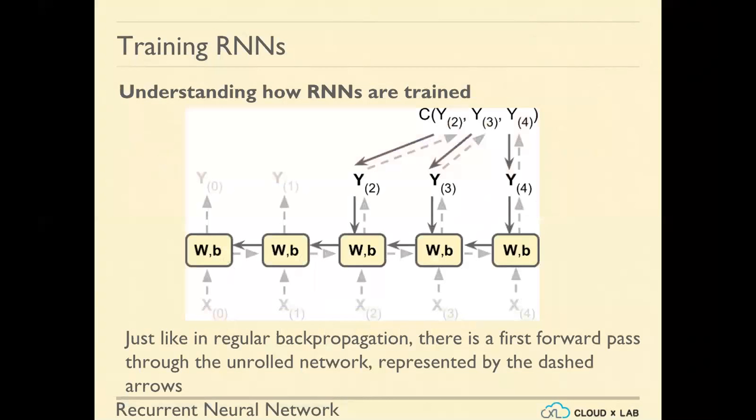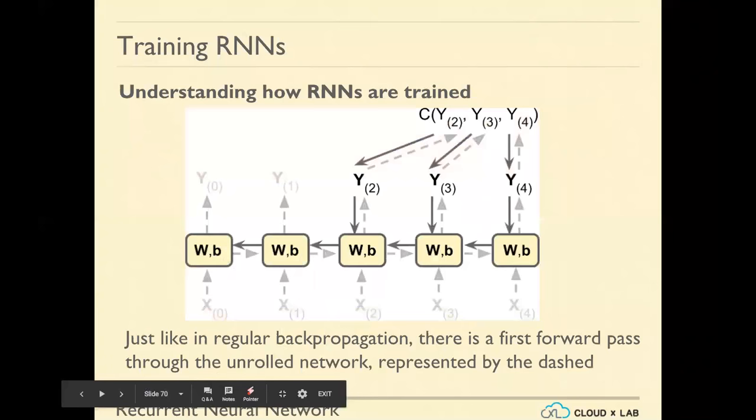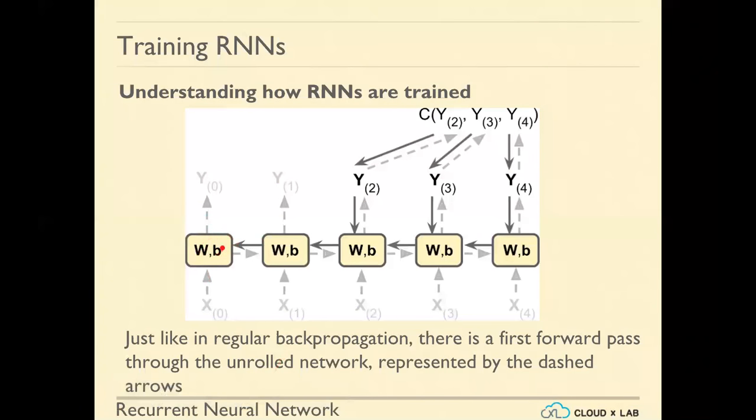Just like regular backpropagation, there is a first forward pass through the unrolled network represented by the dashed lines. In the first forward pass, we assume the values of W and B, and we compute the values of Y0, Y1, Y2, and so on. This is what's going on in the forward pass.